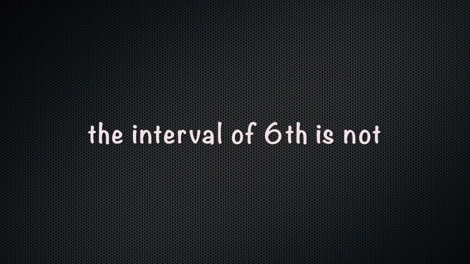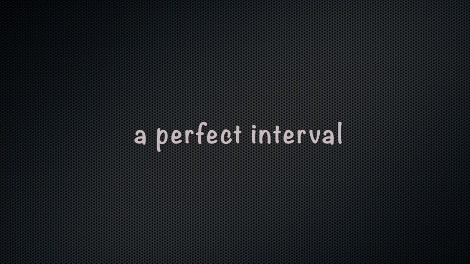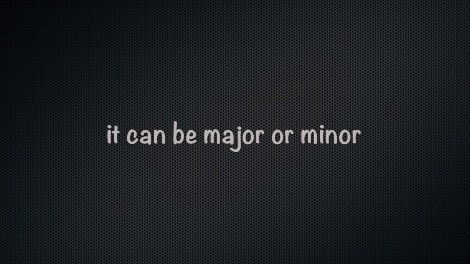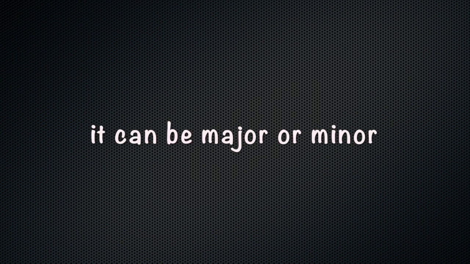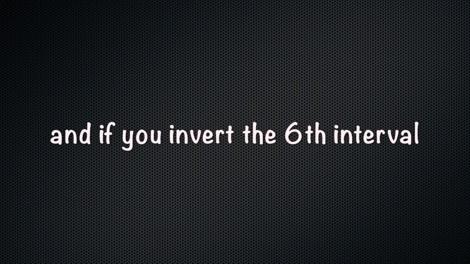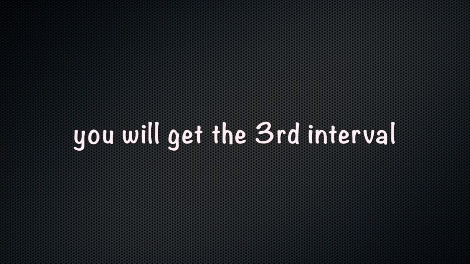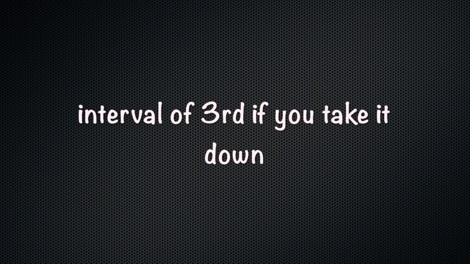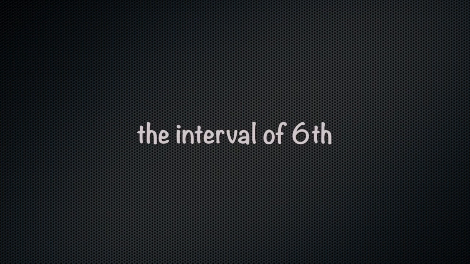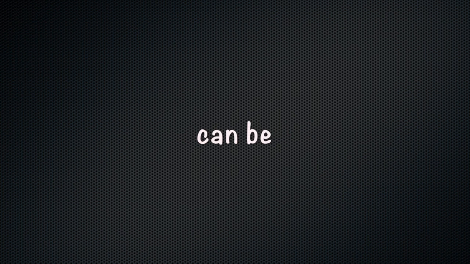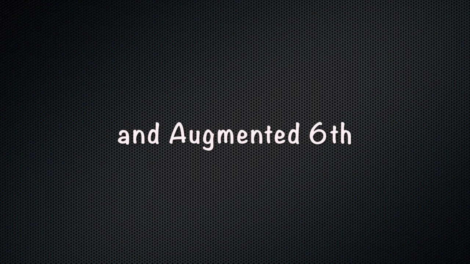The interval of sixth is not a perfect interval. It can be a major or minor interval. And if you invert the sixth interval like this, you get the interval of third, if you take it down. The interval of sixth can be major sixth, minor sixth, diminished sixth, and augmented sixth.